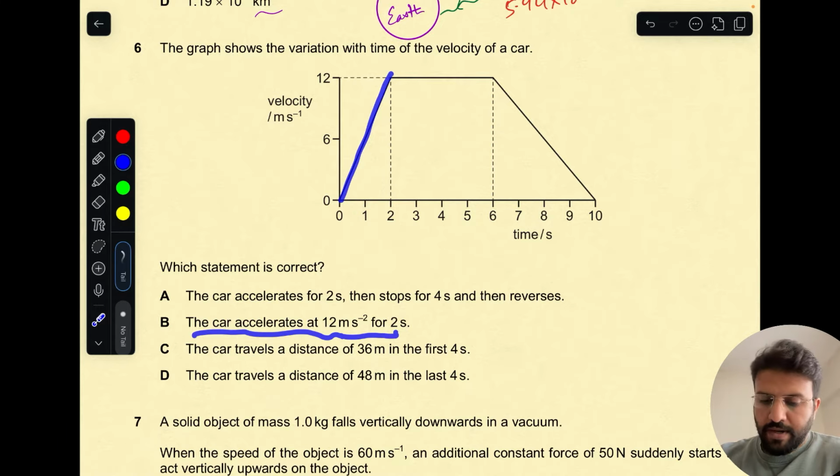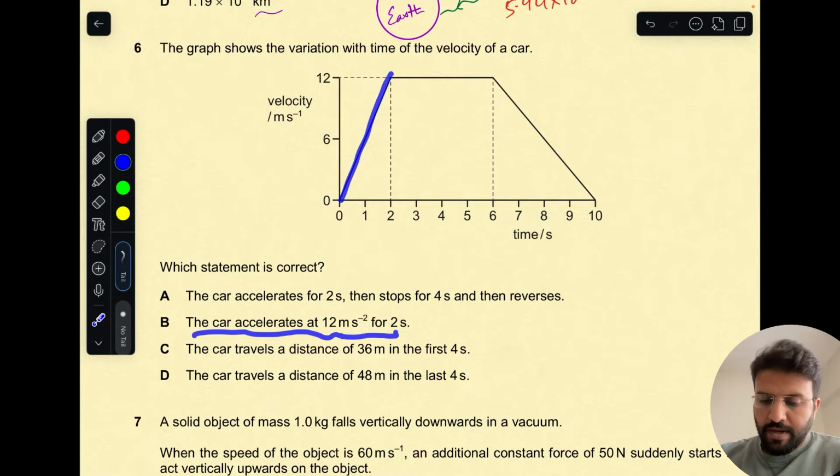Okay, what is the speed of the object 2 seconds after the additional force acting on the object? Okay, so what is the given scenario? Object was falling freely, and at a particular point there is some force that will act on it, that is in the upward direction. So the object will start slowing down, it will decelerate.